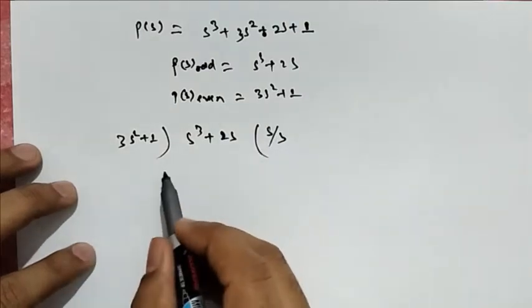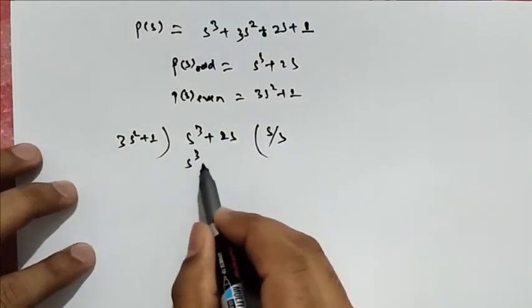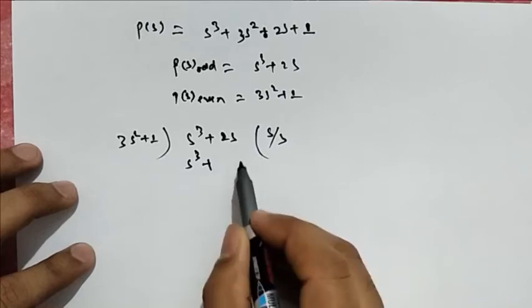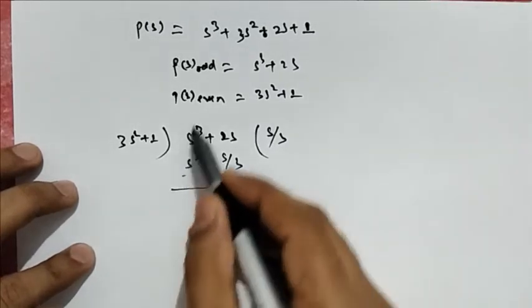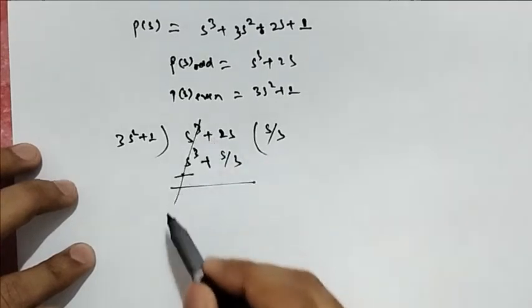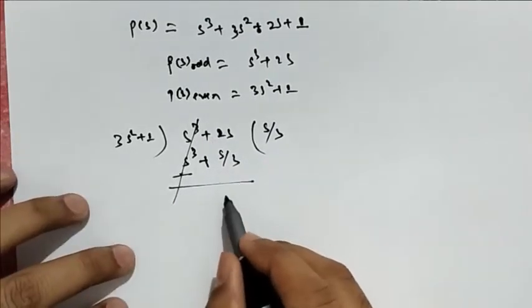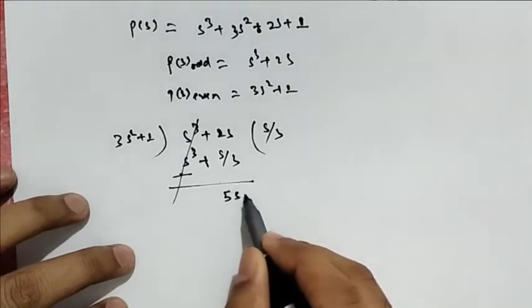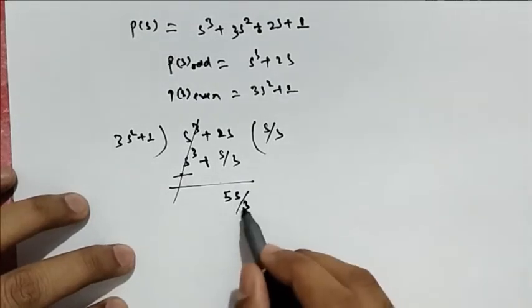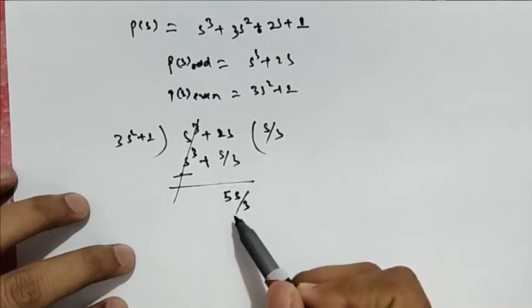When you divide this, the quotient will be S by 2. Now if I multiply and subtract, the terms will cancel and the remainder becomes 5S by 2.